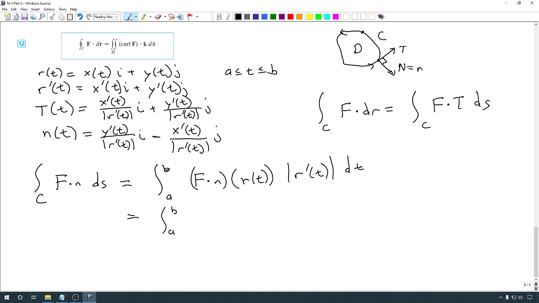So here, because we know what N looks like, this dot product is equal to, so F is P i plus Q j. So we have the x component of F, P, multiplied by the x component of N. Sorry, I should probably make the N and r a little bit more distinct.